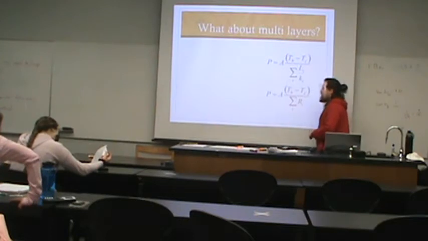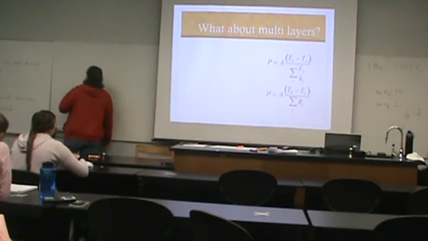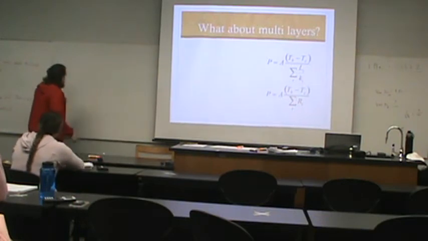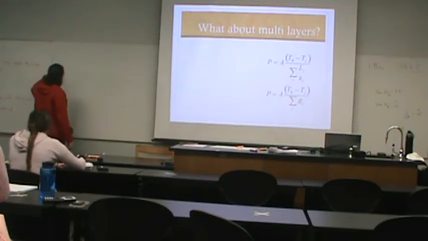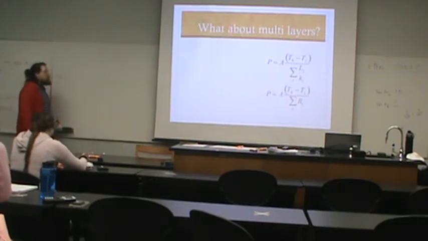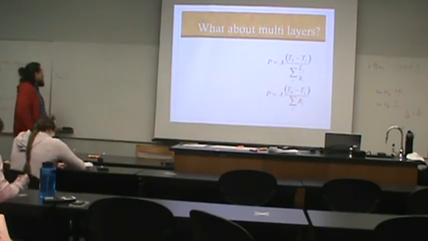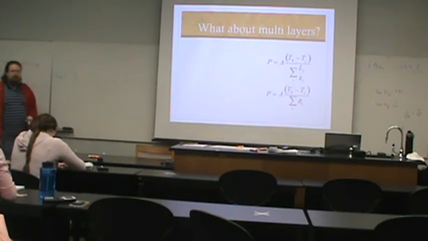Very good, sum of. So, let's look at my thermos for example. Layer 1 is going to have its own length over K. So it's got its length over the K for whatever type of metal it is.